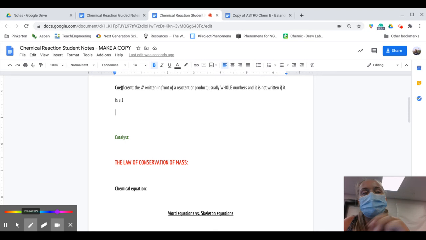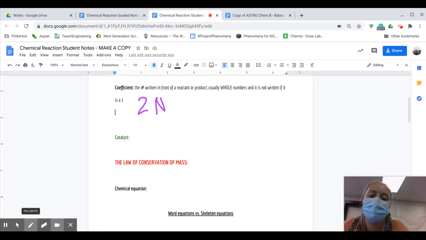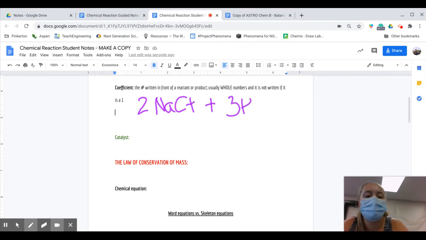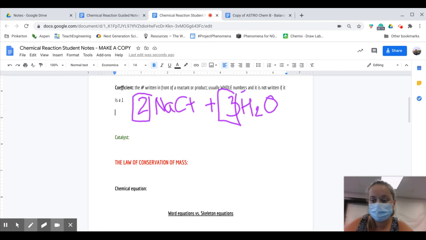So, for example, let's say we have 2 NaCl's. Oops, that's not what I want. Undo. I don't know how to undo. We're just going to pretend that's not there. And we have 3 H2O's. Okay, so this 2 and this 3 are our coefficients.